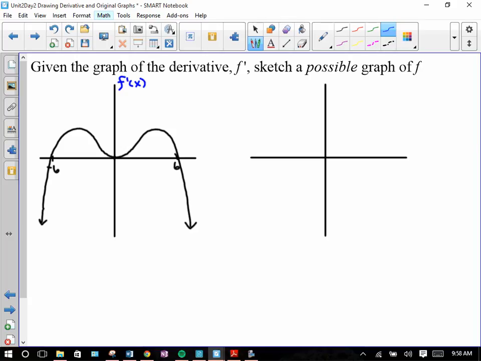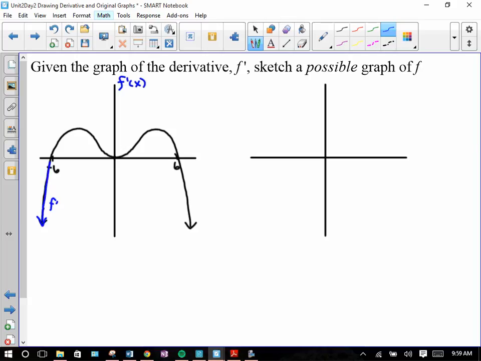On this graph right here, when are the values of f prime of x negative? Right here it's 0. Okay, so what would the interval be? Negative infinity to negative 6.